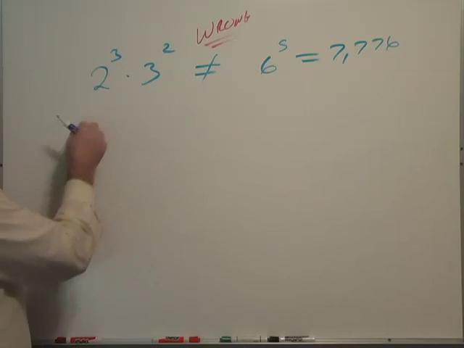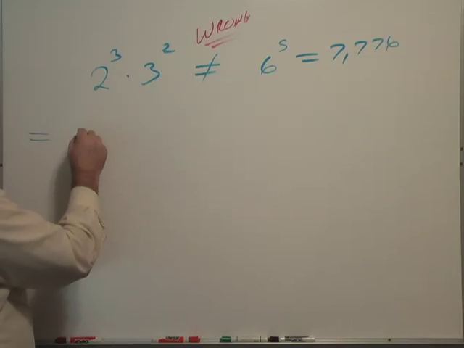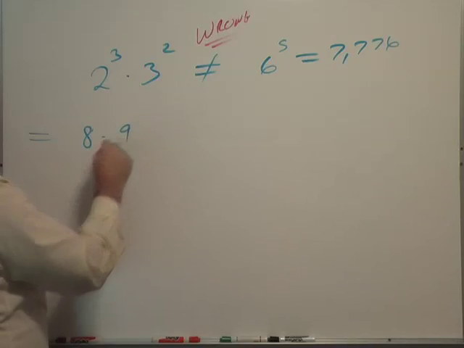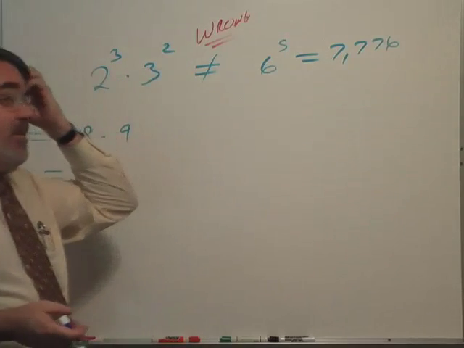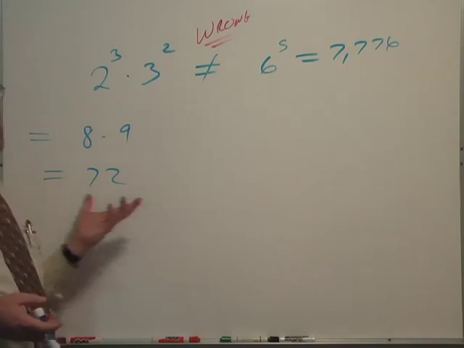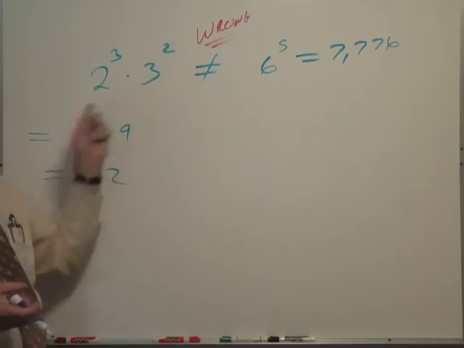What is it really? Well, this is correct. 2 to the third is 8, and 3 to the second is 9. 8 times 9 is 72. So this is much smaller than 7,776. And another way to justify this is the order of operations, which says to deal with the exponents before we multiply.